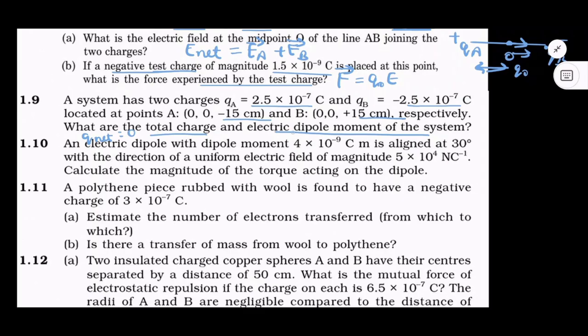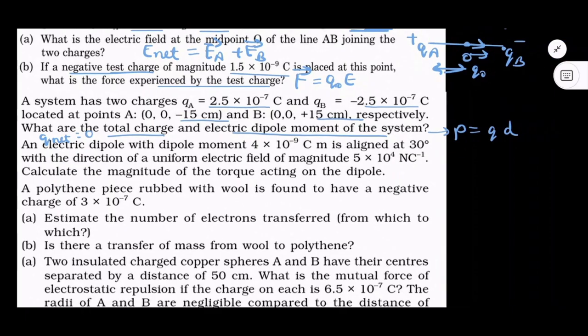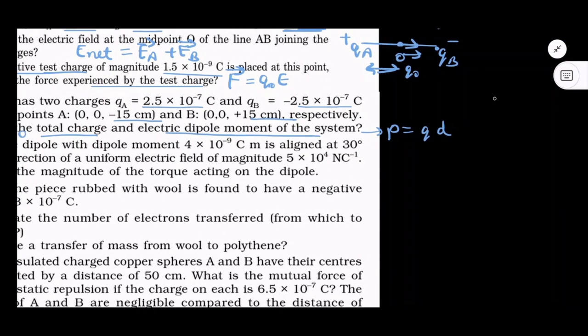Now we have to calculate the electric dipole moment. I have told you the formula for this: we denote it with P, and that is equal to Q into the distance between the charges, and we know the distance is 30 centimeter. If we draw the diagram over here, let us draw the Cartesian coordinate system x, y and z.